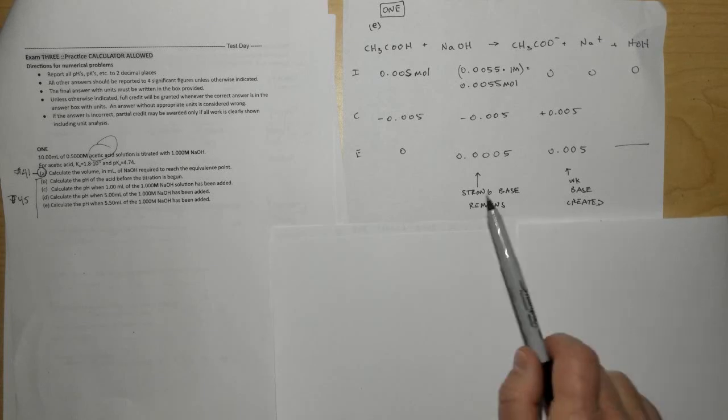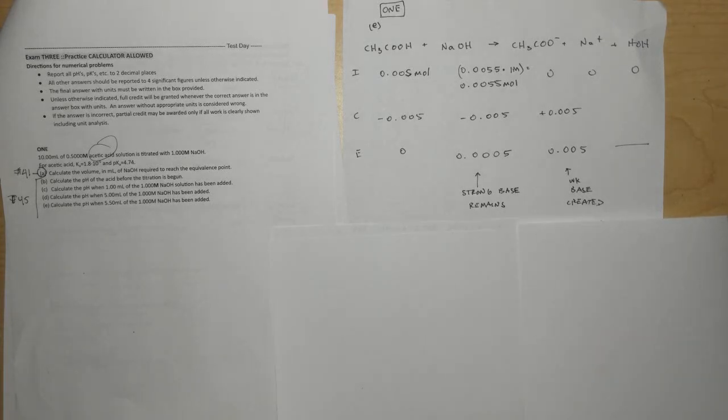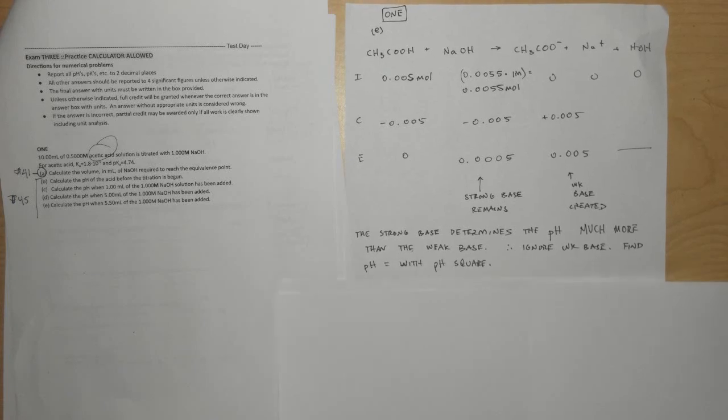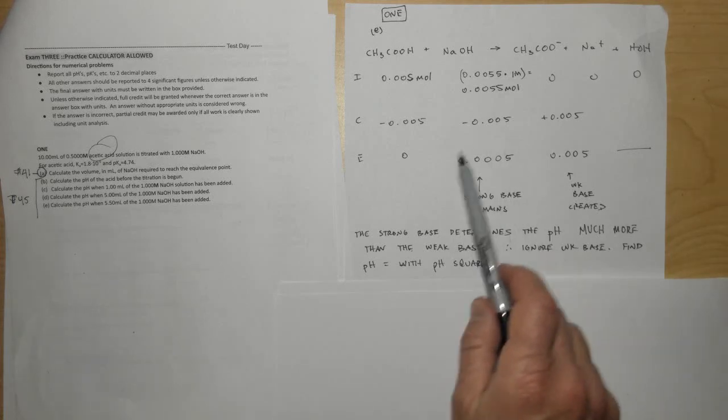Now, if I told you there's a strong base and a weak base, which one would affect the pH? Hopefully you'd pick the strong one. The strong base determines the pH much more than the weak base. Therefore, you ignore the weak base and find the pH just using the pH square. So you have this remaining right here.